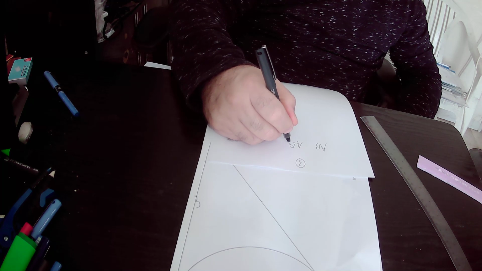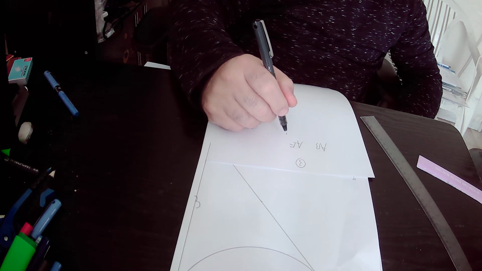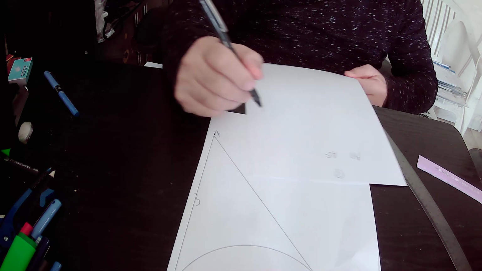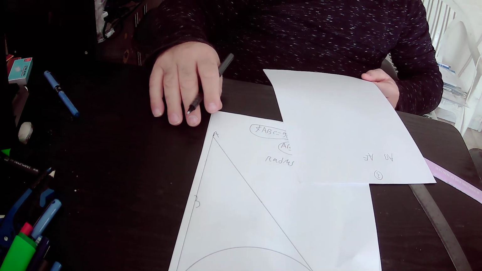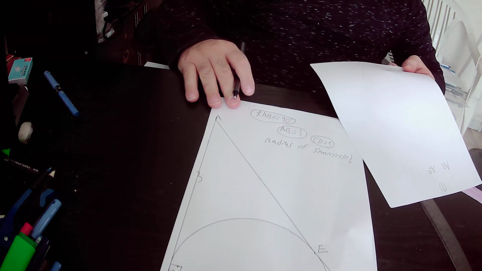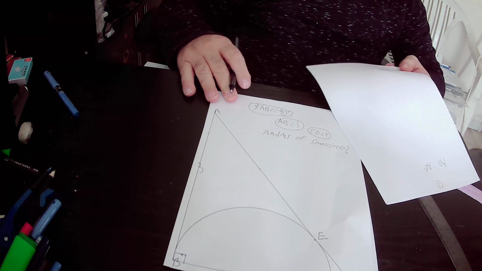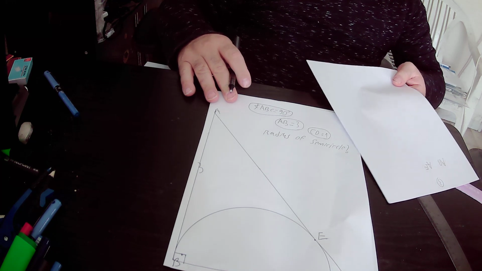According to rule number 1, the two tangents theorem, whenever you draw two tangents from an external point to a circle, their lengths will be equal.